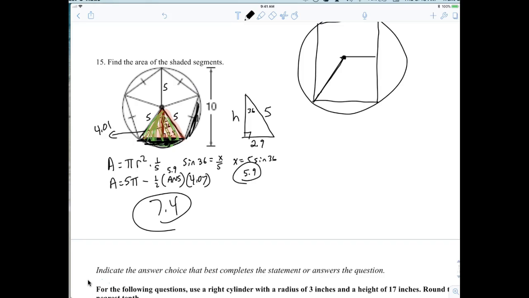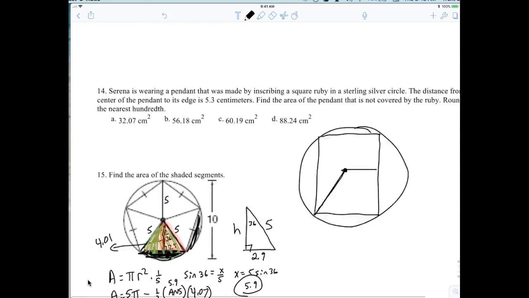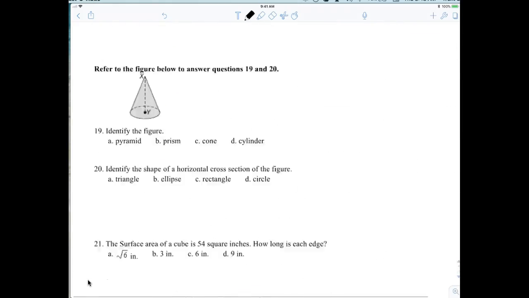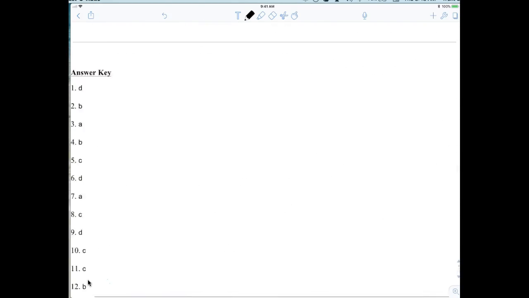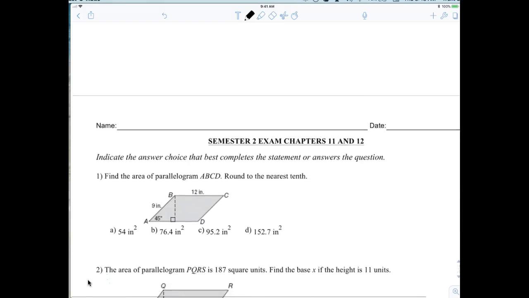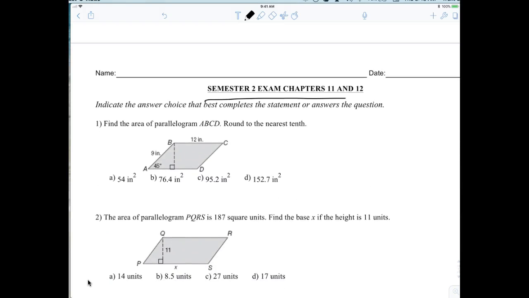Honestly, I made a mistake because yesterday, this thing right here, I'm surprised no one even brought it to my attention, but I don't really care because I have lots of questions. What do you think this is right here? The last exam. That was last year's chapter 11 and 12.